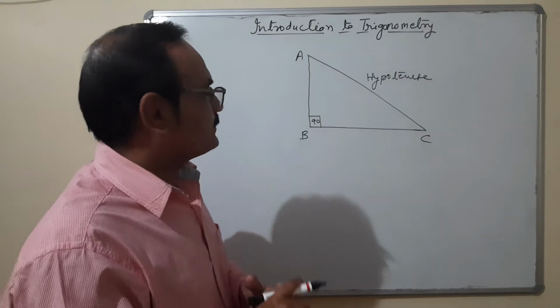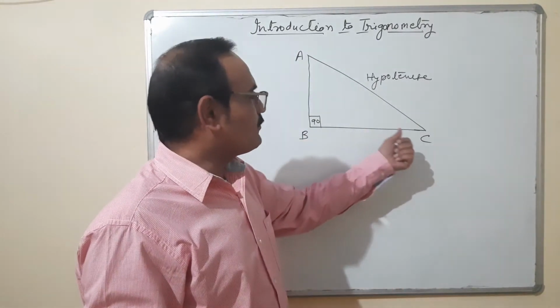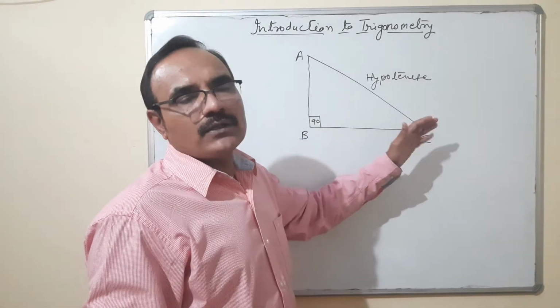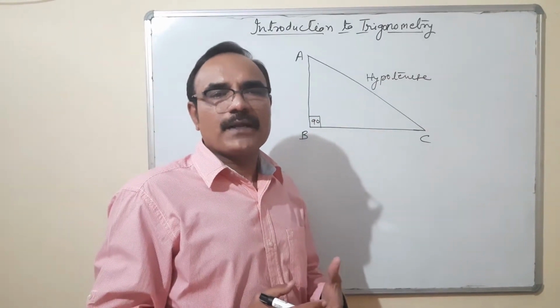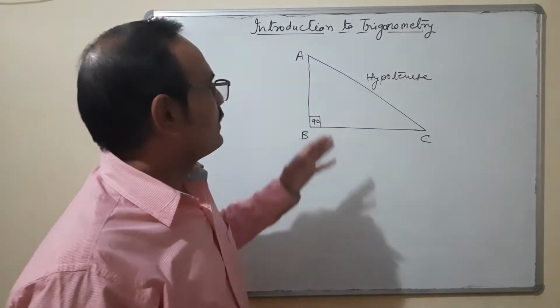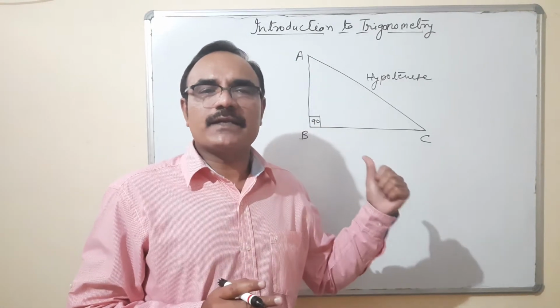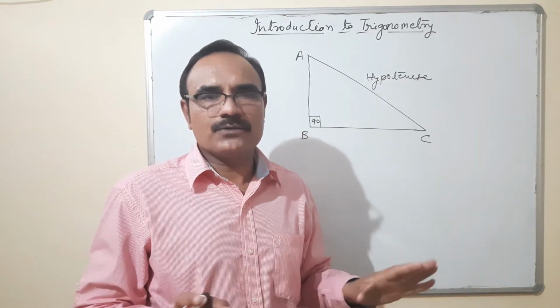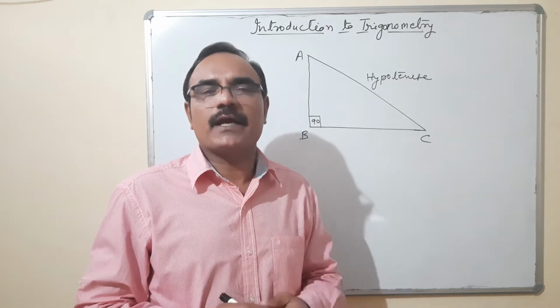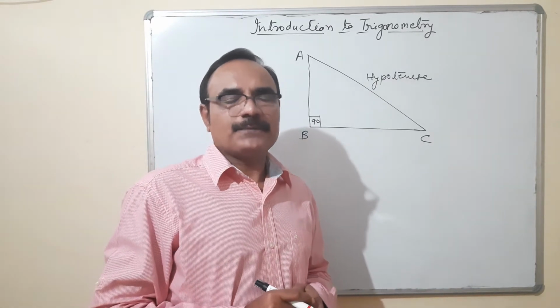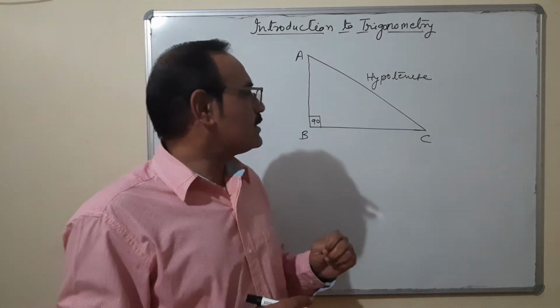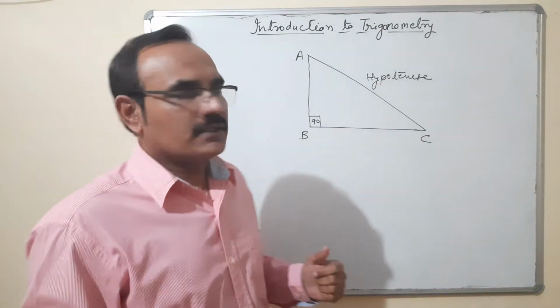We will use the term that whatever angle we are taking, on the basis of that, we have to decide what is a perpendicular and what is the base. So the first thing you should understand is that trigonometry is used in a right angle triangle only, not in any other triangle. Actually, what happens is the ratios of the sides.